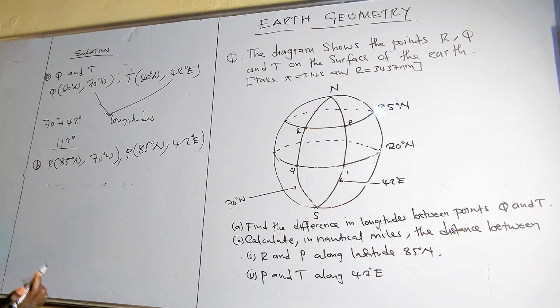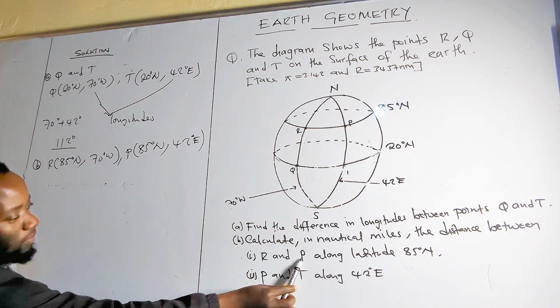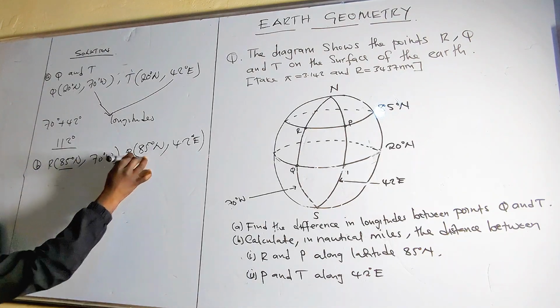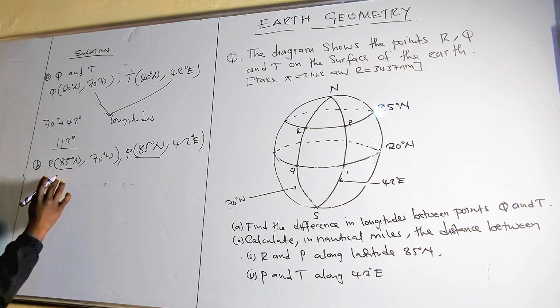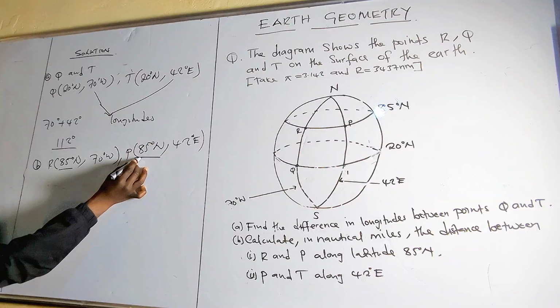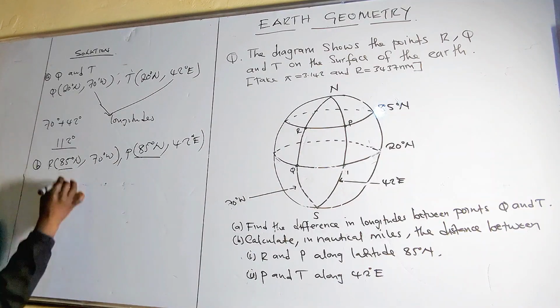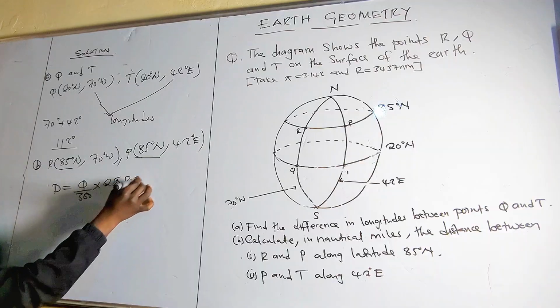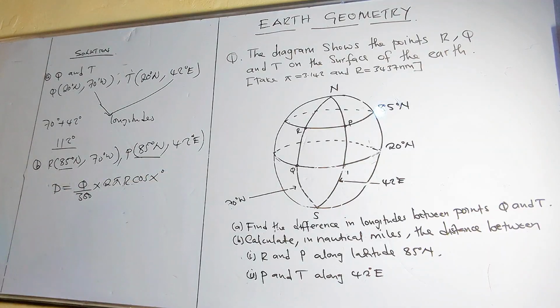So we want to calculate the distance between these two towns. If you look at this here, they're sharing the same latitude. So to find the distance, we're calculating the distance along the circle of latitude. Distance along the circle of latitude is equal to theta over 360 times 2 pi r cos x degrees. That is the formula. What is theta in this formula?